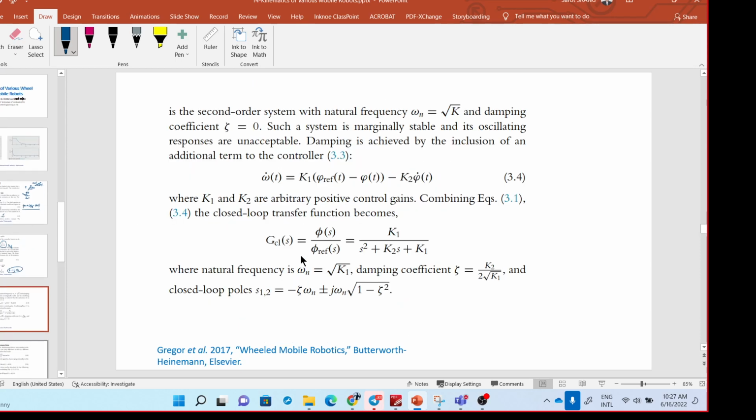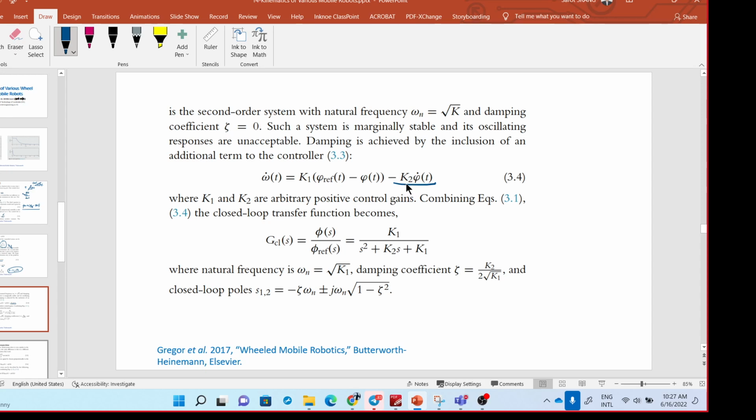So we can choose a slightly different controller, which is much better, more appropriate for our system. Actually we just add another term, the damping term, in order to reduce the oscillation, to decay the oscillation.